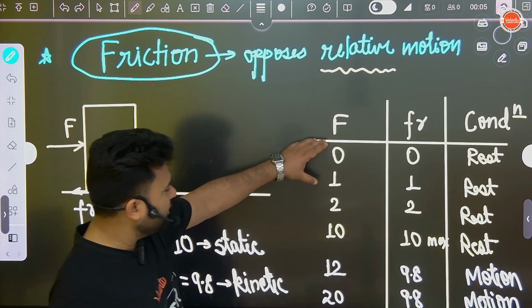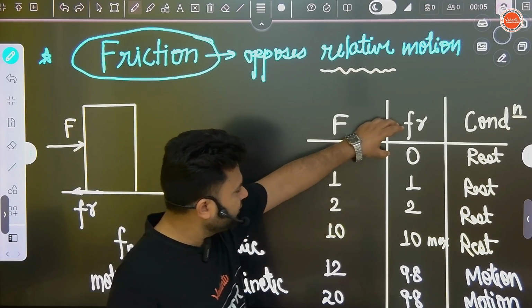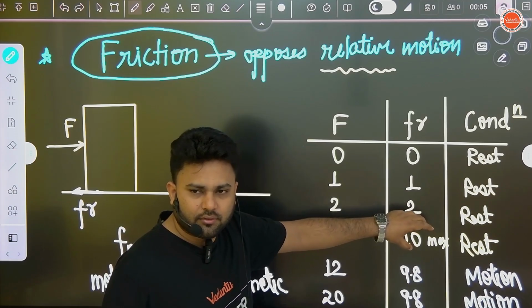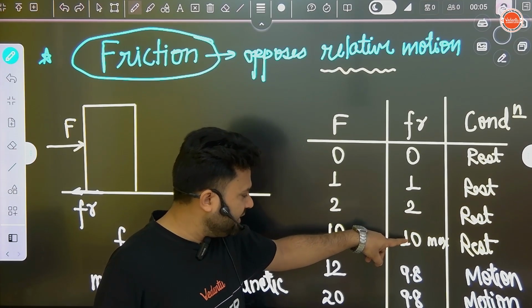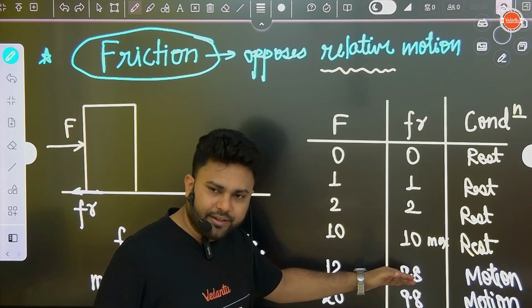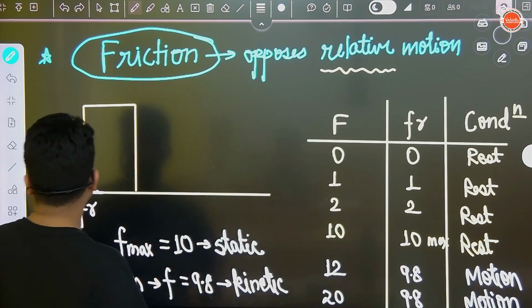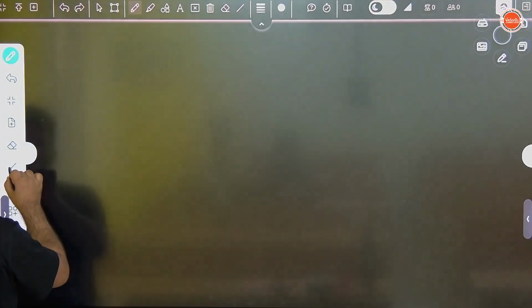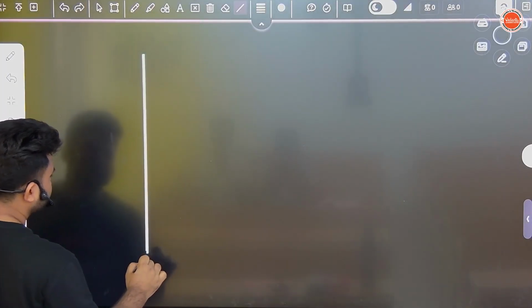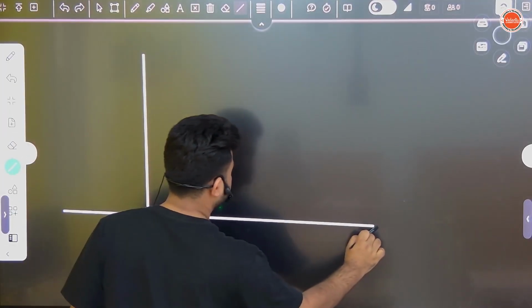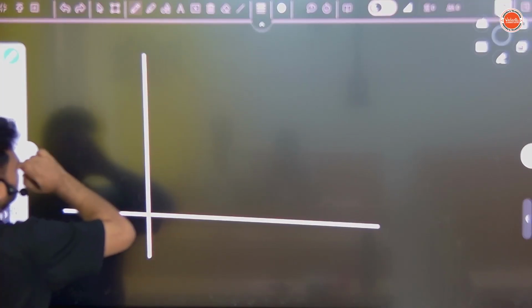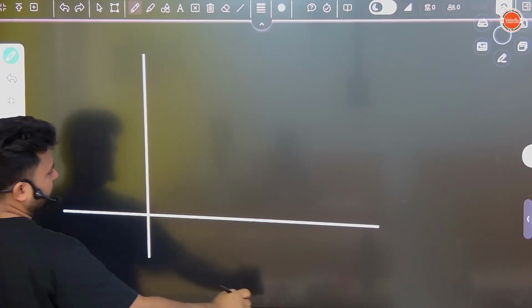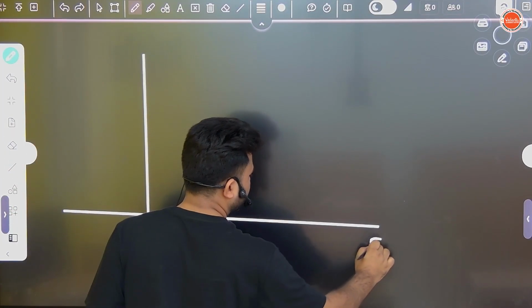From here, what you can see, when you are increasing force, friction is also increasing till it reaches the maximum, and thereafter friction decreases, a little bit. So if I draw the graph, the graph is like this. This is the force you are applying.